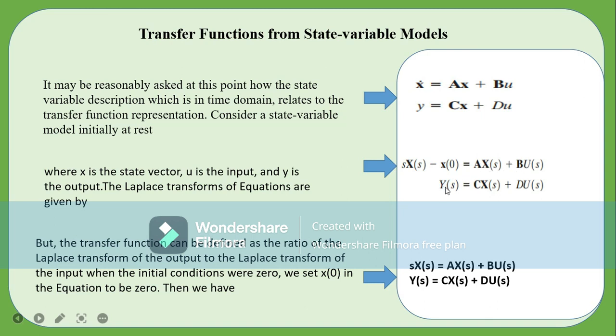That is in Laplace transform. And also the output equation, and you have Y(s) is equal to CX(s) plus DU(s). Now, what does x(0) represent? This represents simply an initial condition.